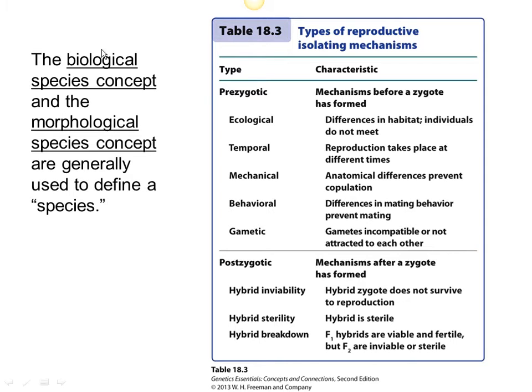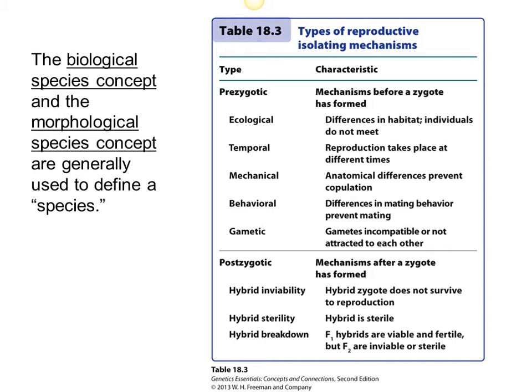But these are the two definitions that come first at the top of the list. The biological species concept states that a species is defined as a group of organisms, a population of organisms, that can interbreed with each other, and that want to interbreed with each other, and produce fertile, viable offspring.